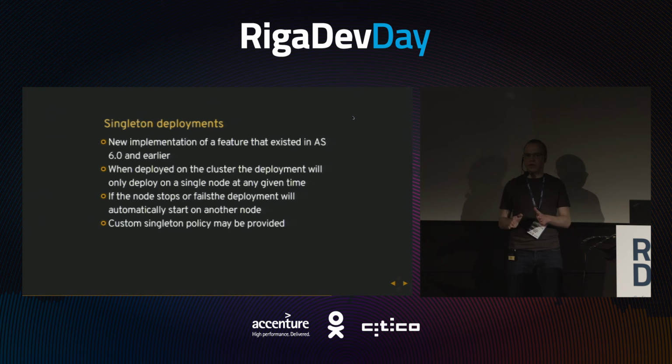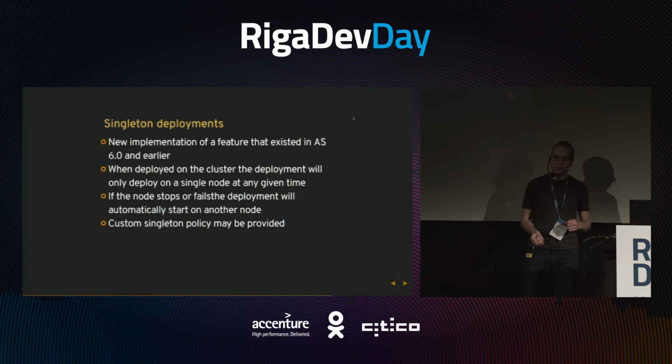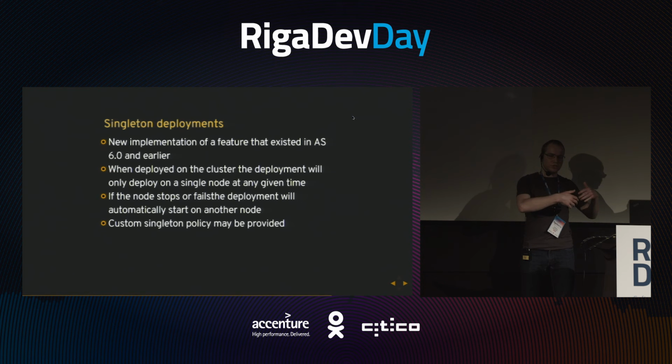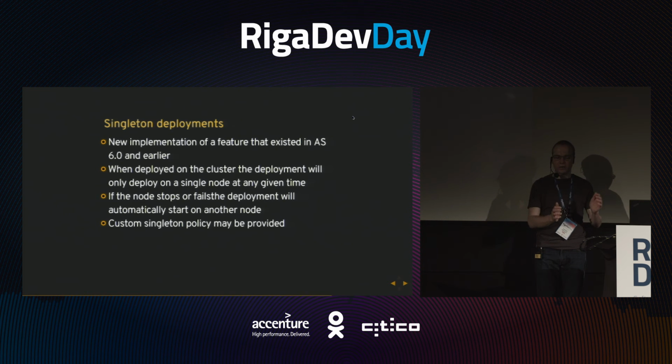We are talking about an application here, not a bean, that should be deployed only on one node. Then it can be done. In such a scenario, you deploy the application. Configuration is also very simple. The only thing that you have to do is add a tag to your application that it's a Singleton application.